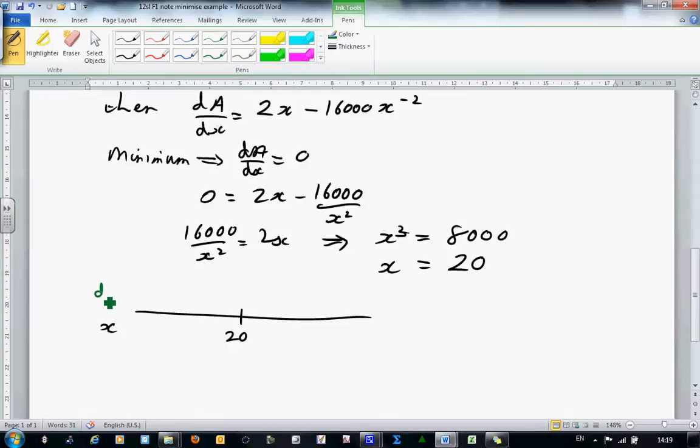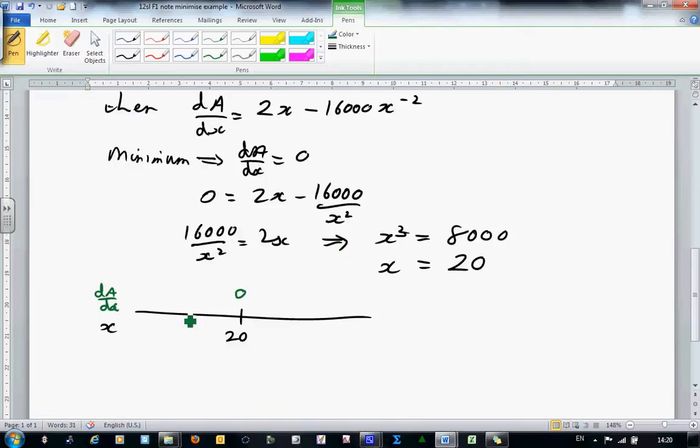So if x is less than 20, what are we going to end up with? Let's say 10. So we have 16,000 over 100 is 160. 2x minus 160, so 20 minus that. So this will be a negative gradient. Okay. So in other words, it's going down and across.